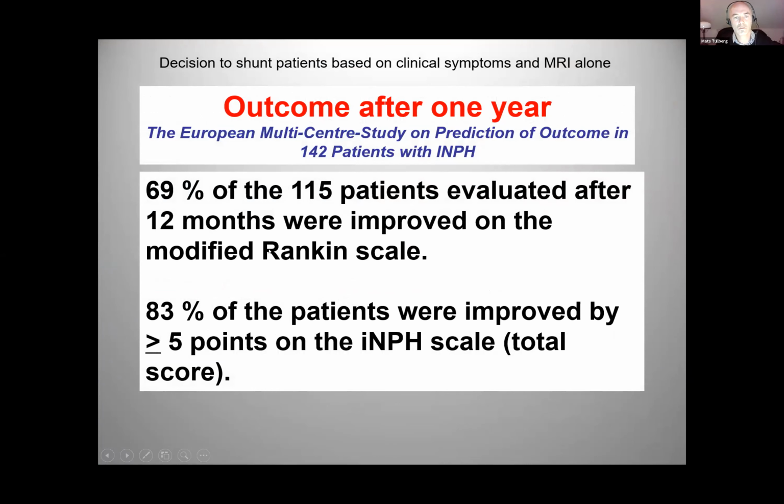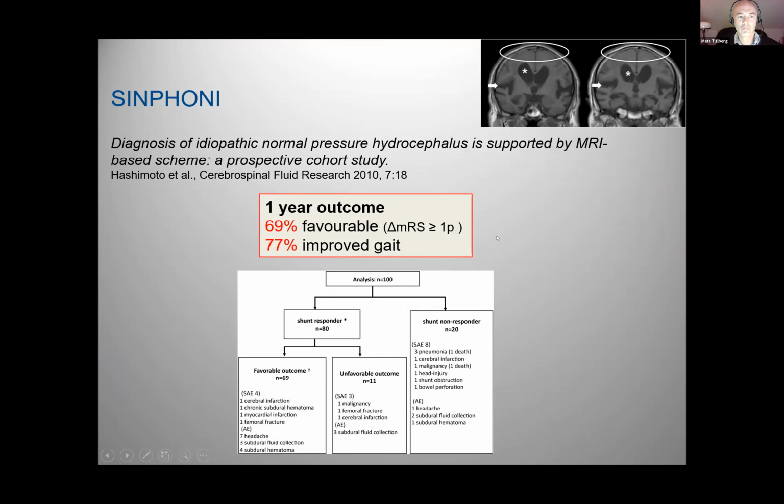And as Giorgio mentioned, almost 70% improved on the modified Rankin scale, and more than 80% improved overall on the INPH scale, which is a good result. And the Symphony studies have also shown about the same outcome.